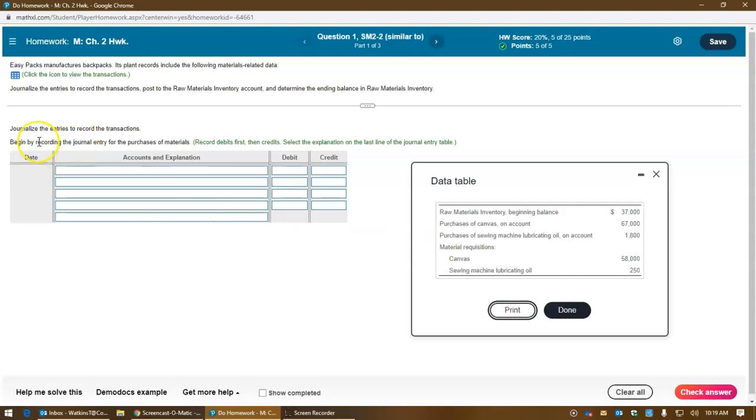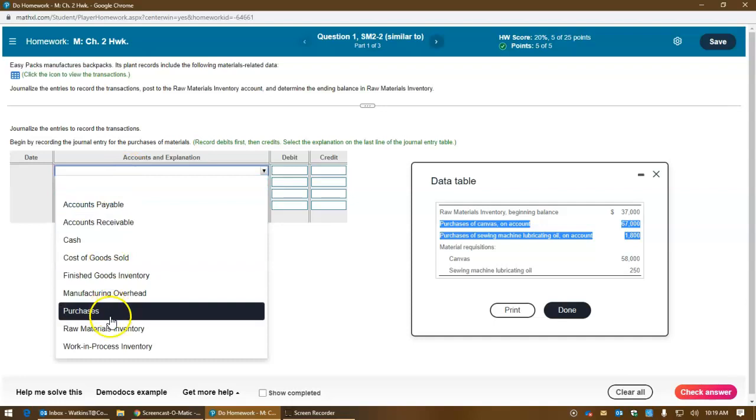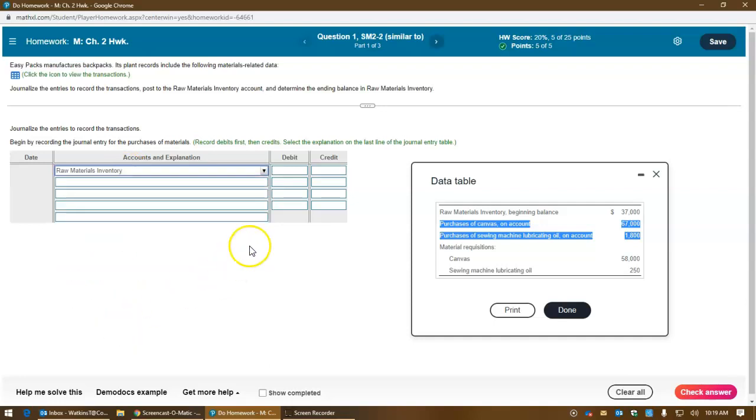So the first thing, it says journalize the entries. Begin by recording the journal entry for the purchase of materials. So it's talking about these purchases right here, purchases of canvas and the purchases of the lubricating oil on account. So that's going to go into an inventory account called raw materials inventory.